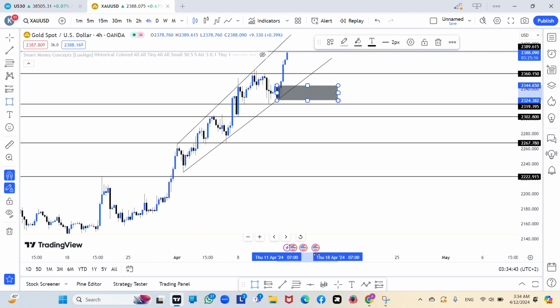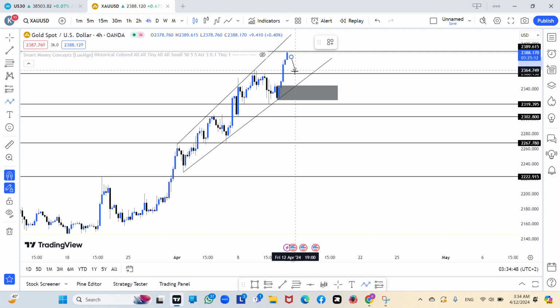Meaning, if price could find a way to reverse and tap in this demand, then we would expect buys from here. We would expect buys from here, from there, and we have a support there, support there.